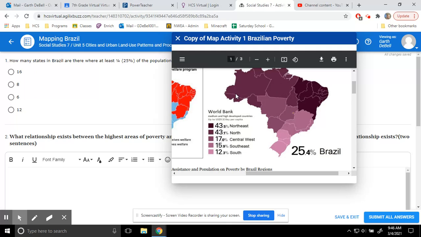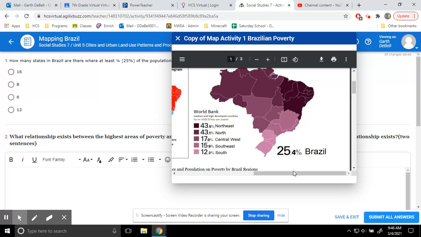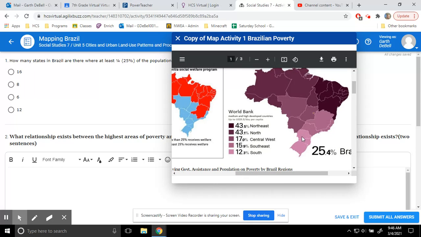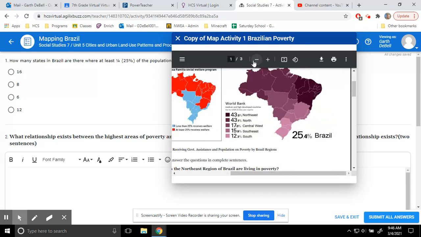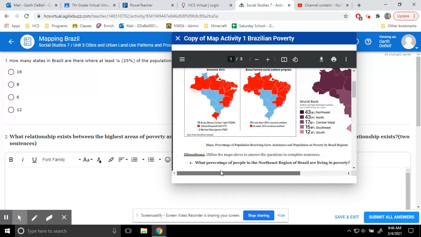Then you get to the slightly lighter color, it's 43%. Then the even slightly lighter color is 17, and the lighter color than that is 15, and then the lightest color is 12.3. And then I think this is the overall 24.5% of people in poverty in the entire country.